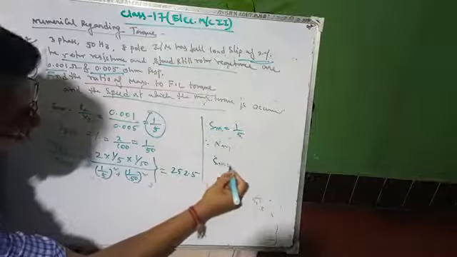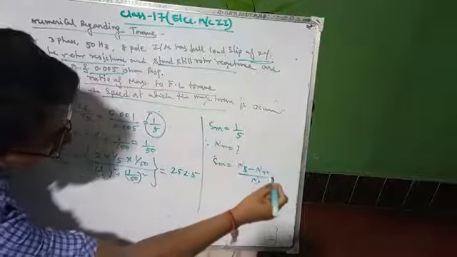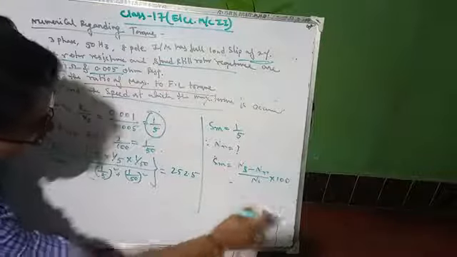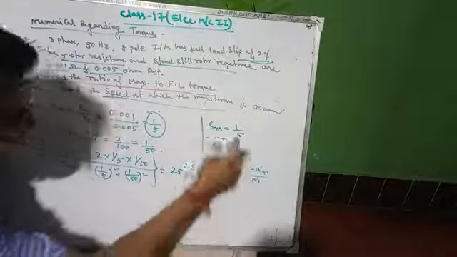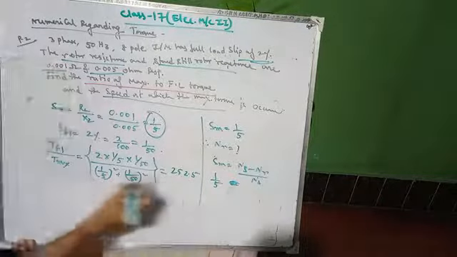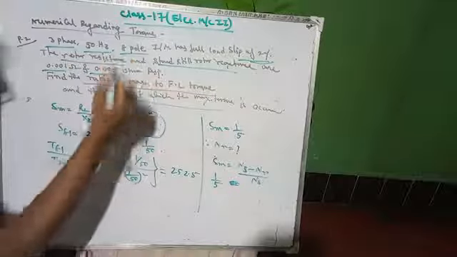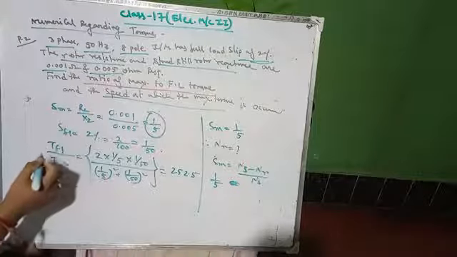So Sm equals (Ns minus Nr) by Ns into 100, right? Or no need to put 100, because 1 by 5 is a per unit value. So Ns equals what? You have to find Ns. It is a 3 phase, 50 Hz, 8 pole motor.